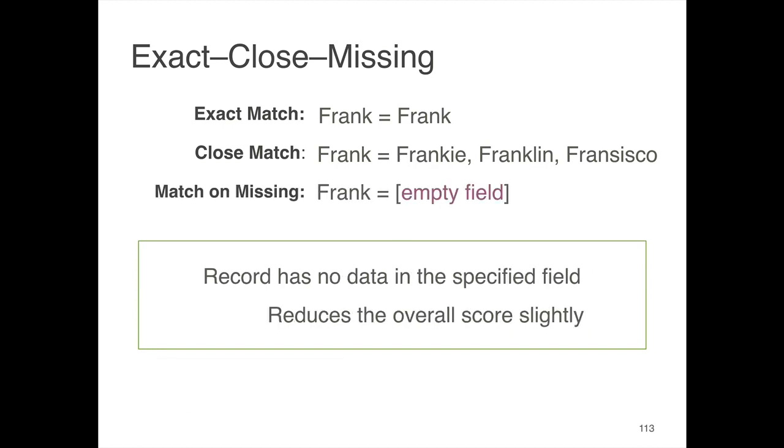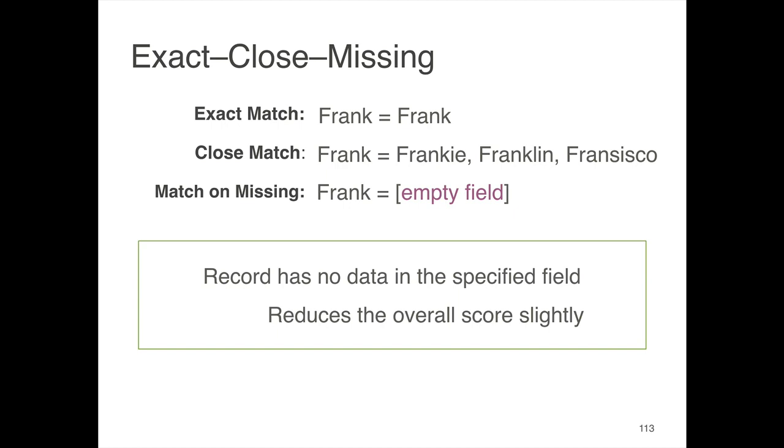We also have the concept of match on missing. If I put in a bunch of parameters, data to search on, and the system finds a record that matches my other parameters, but there's no first name at all on the record, it may still bring back that record as being relevant to my search, but it doesn't contain all of the things I typed in.